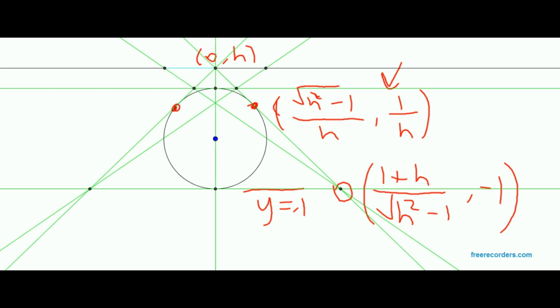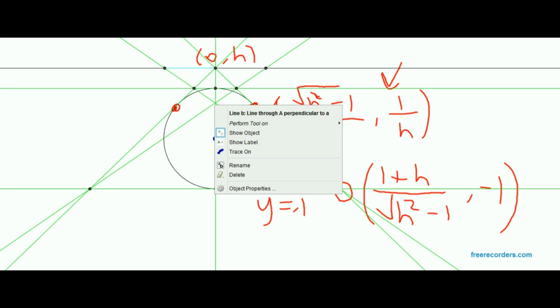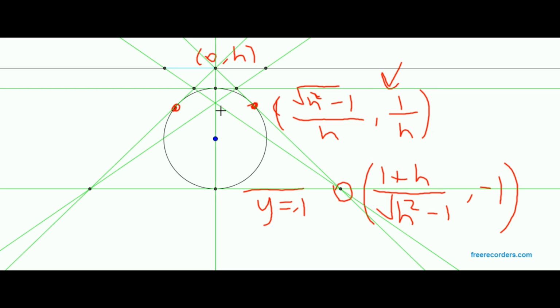And you can also work out that this point here has x coordinate of 0, y coordinate of 1 over h, and then you can get the equation of this line.